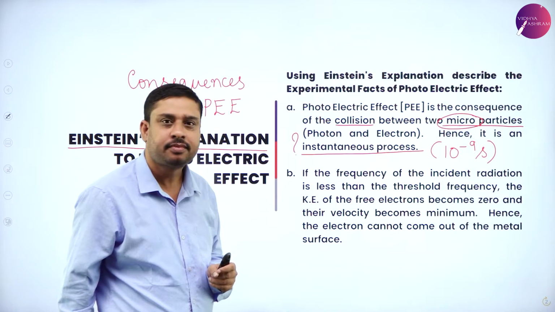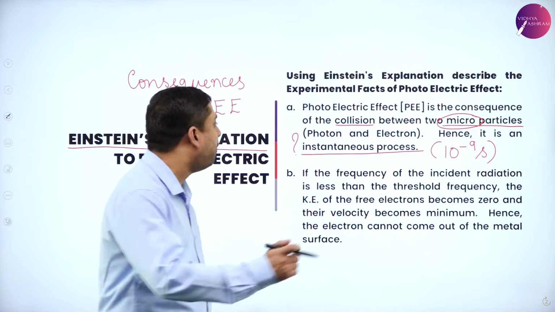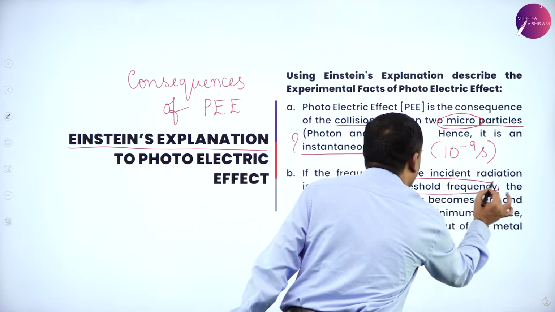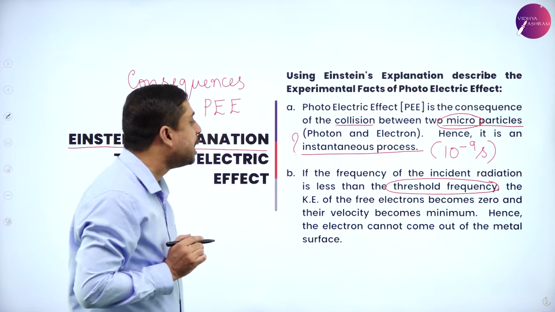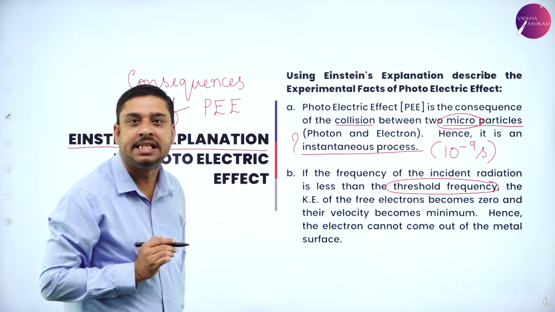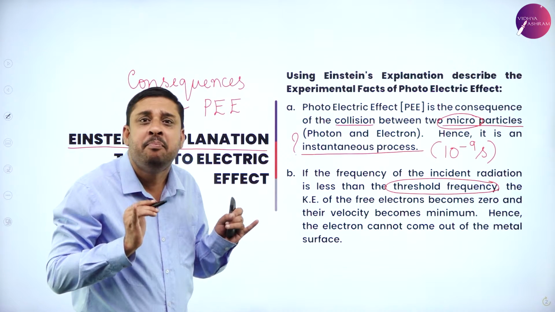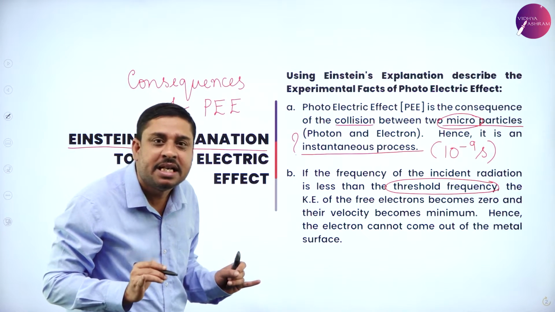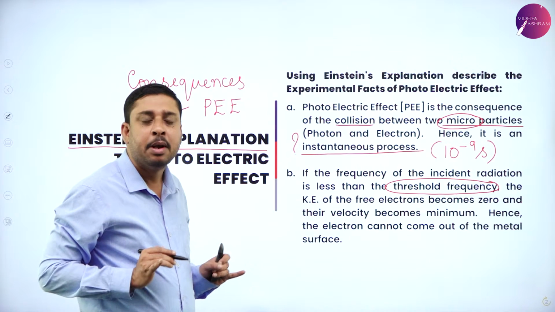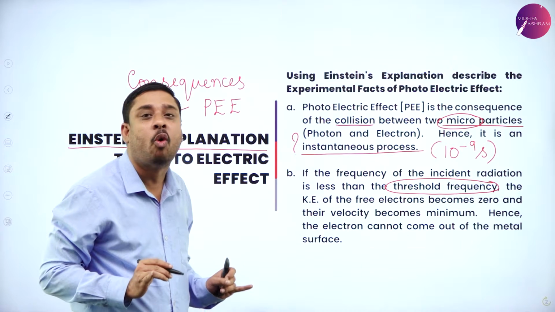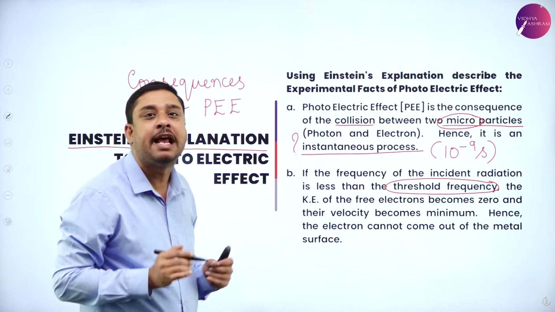Second one, we spoke about the existence of threshold frequency. There is a minimum frequency below which there is no liberation of electrons.